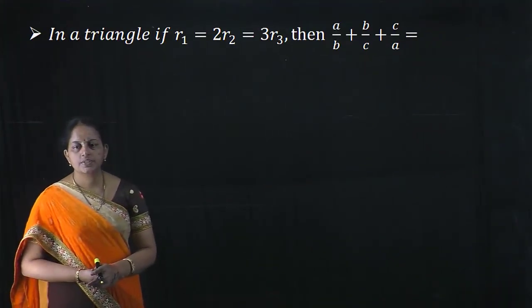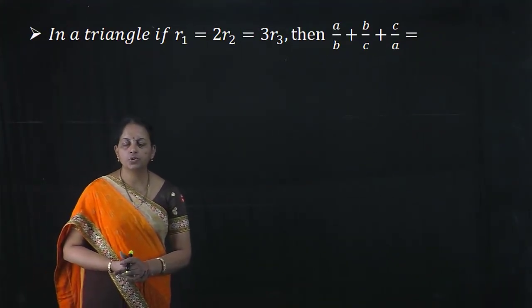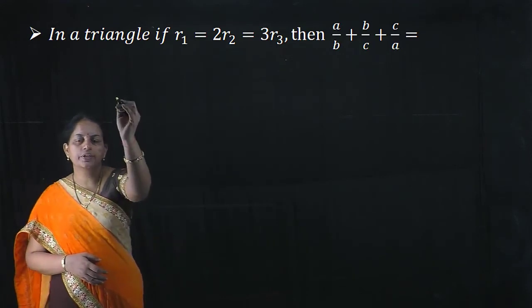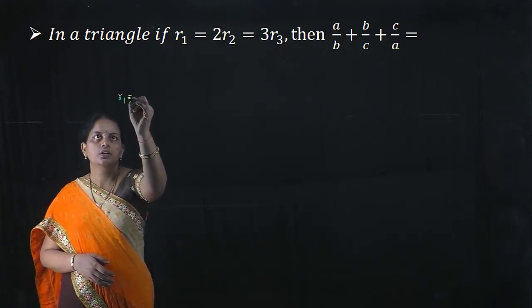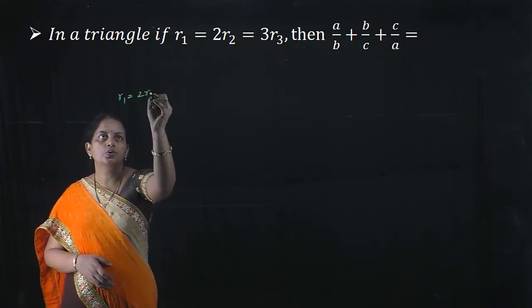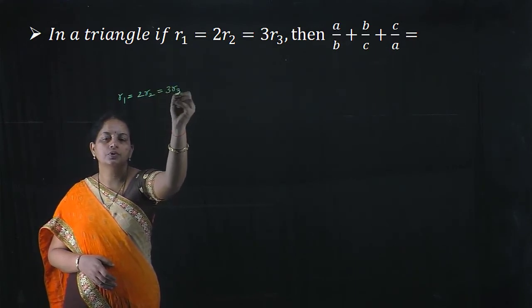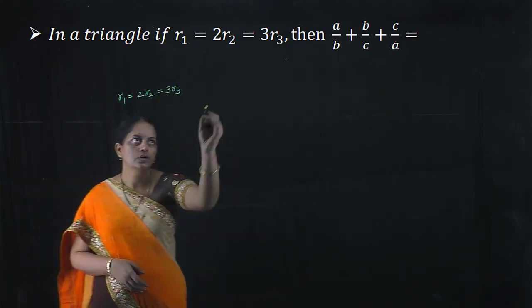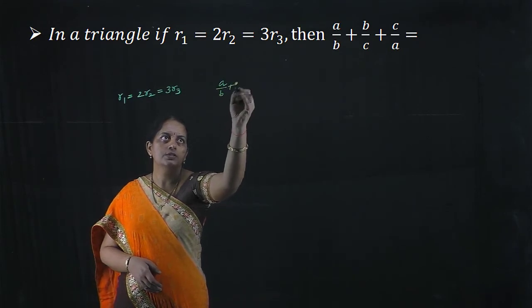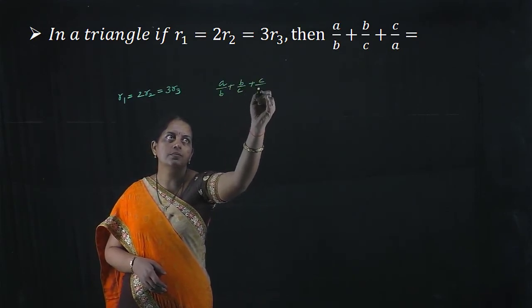And the next question is, in triangle ABC, if r1 equal to 2r2 equal to 3r3. We are given that in the triangle r1 equal to 2r2 equal to 3r3. Then what is the value of a by b plus b by c plus c by a?